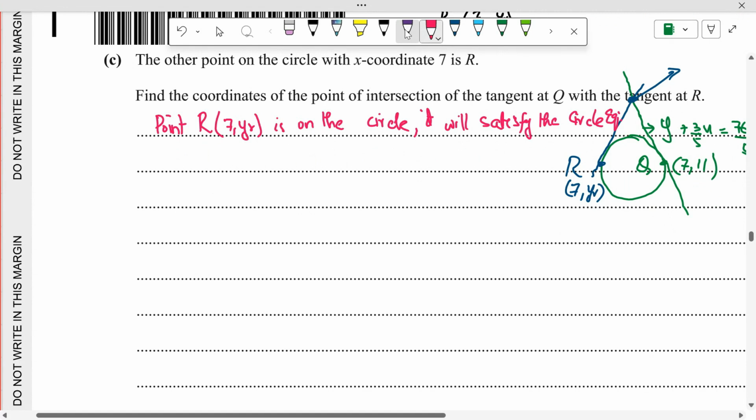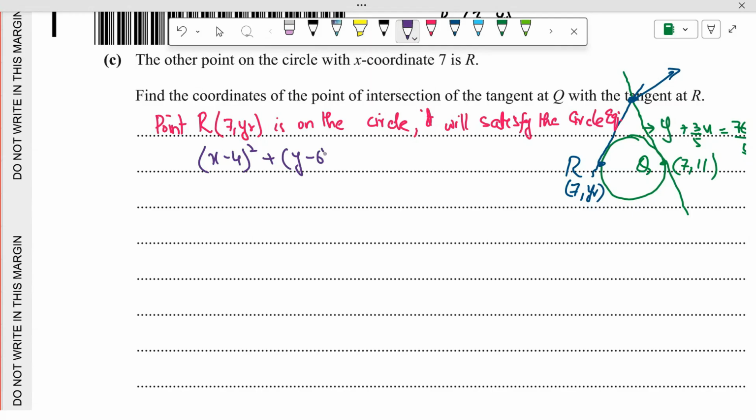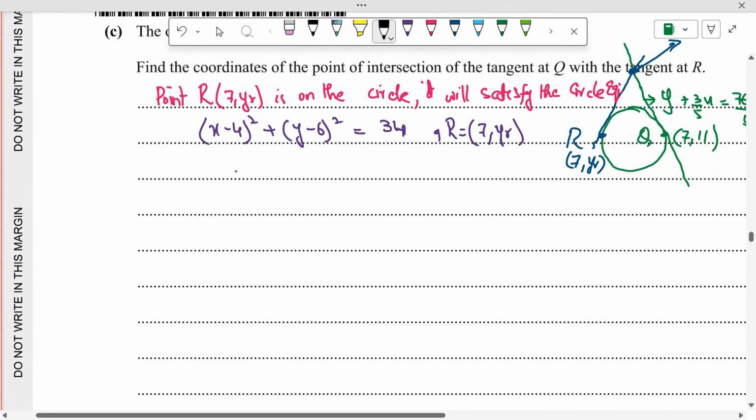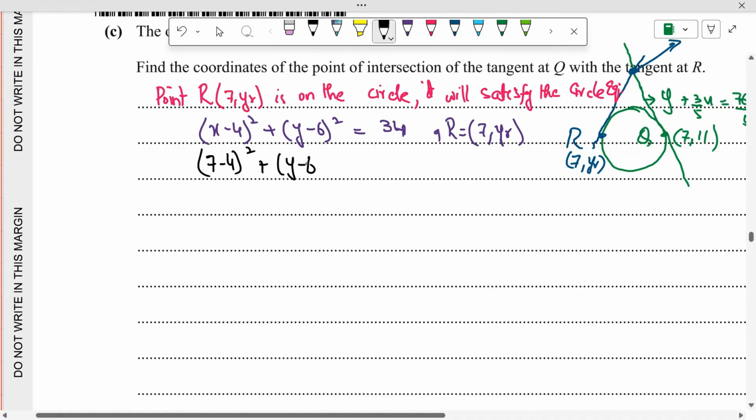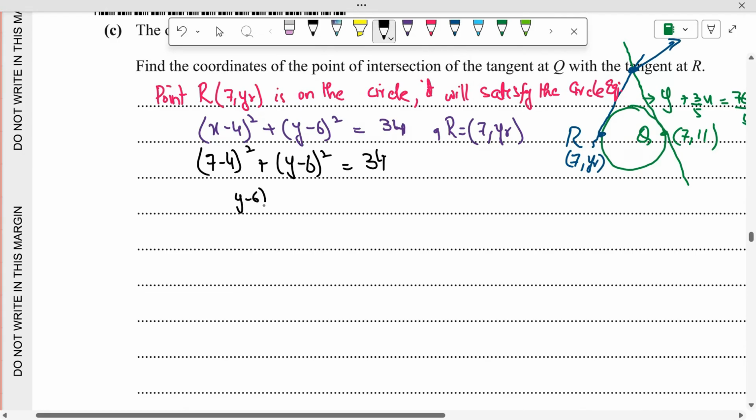We know the circle equation we just calculated in part A, which is (x minus 4) whole square plus (y minus 6) whole square is equal to 34. Plugging in the value of R, which is 7 and yr, we get (7 minus 4) square plus (y minus 6) whole square is equal to 34, so (y minus 6) whole square is equal to 25.